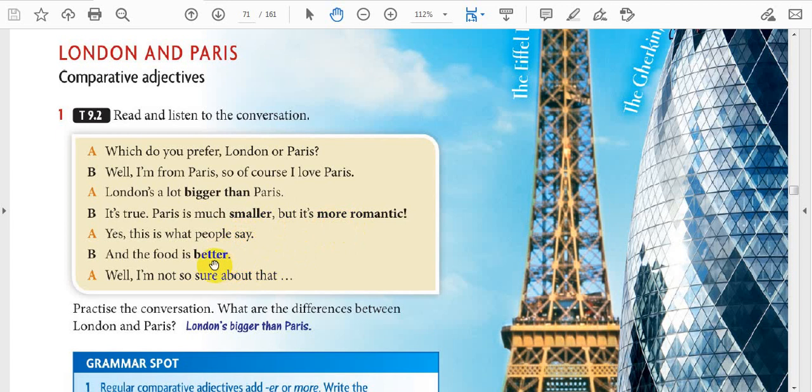And bad becomes worse, the worst، الأسوأ. So better and worse are not under the law of this grammatical basis، يعني ليست تحت قانون هذه القاعدة.